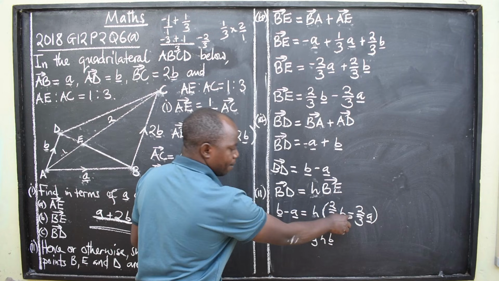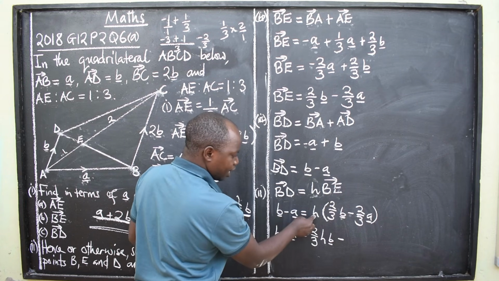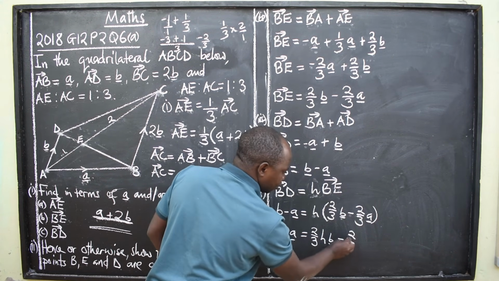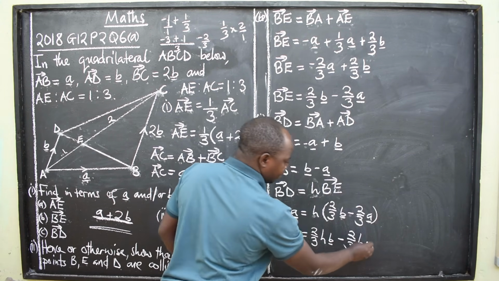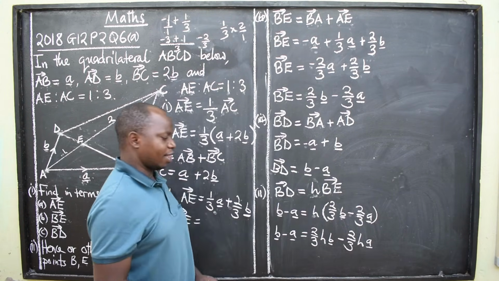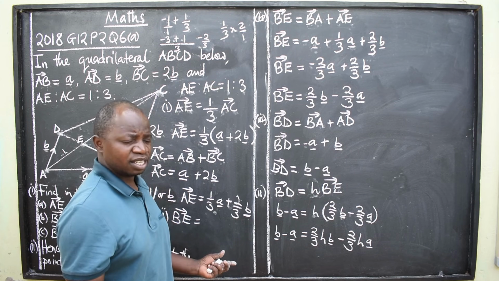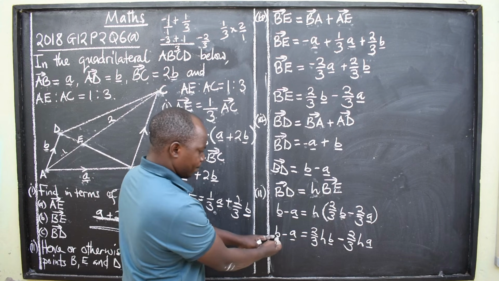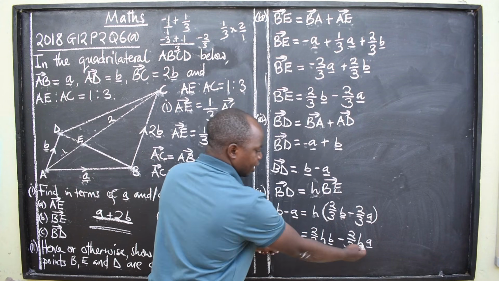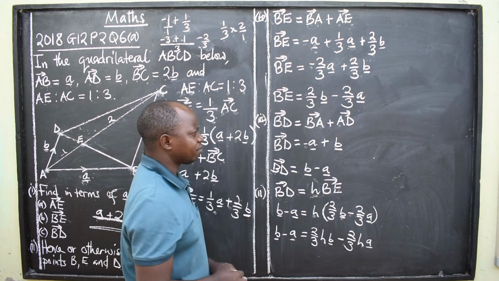Minus, again, H times this will give us 2 over 3 H, then vector A. At this point, I can equate so that I have the value of H. B and B, A and A, you can just pick one.